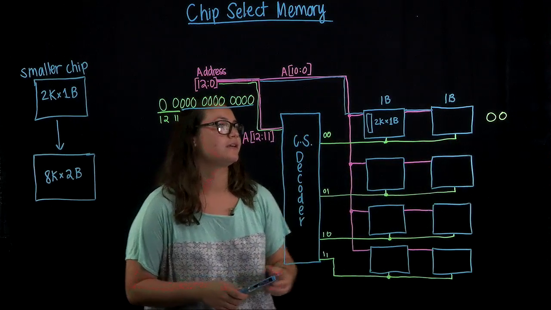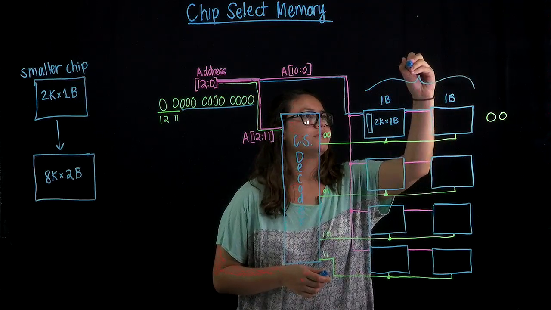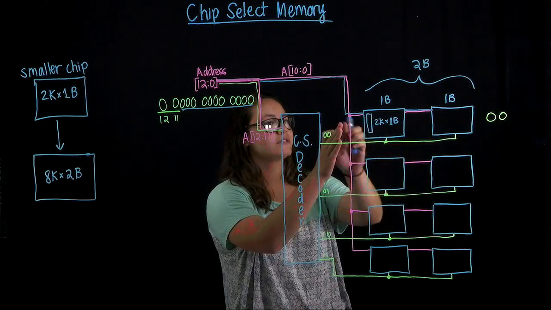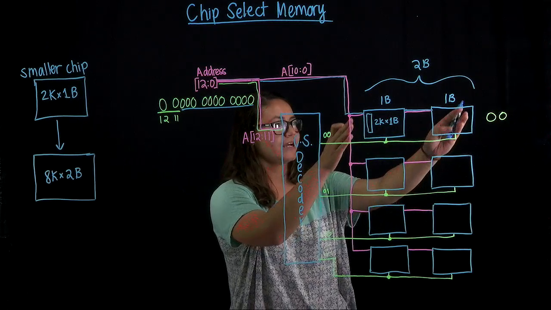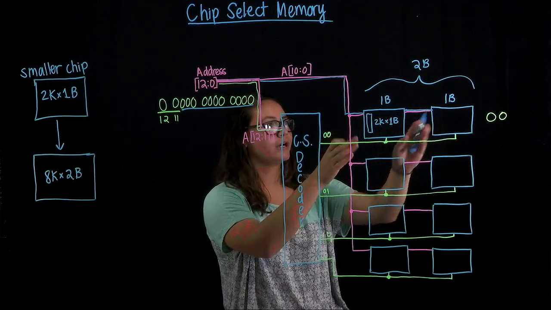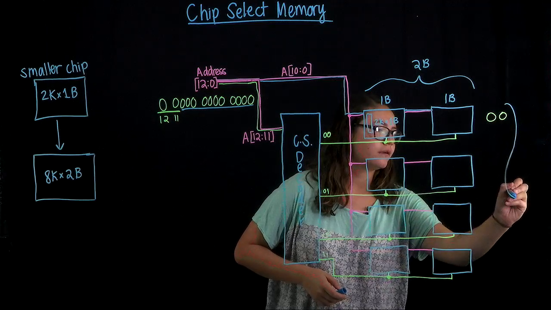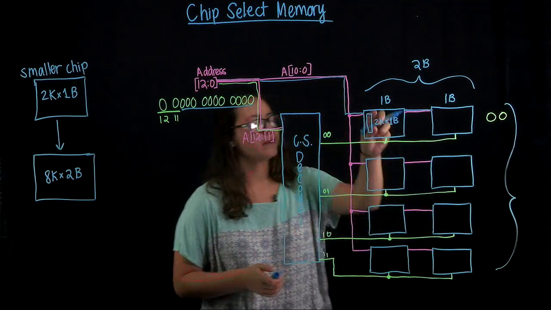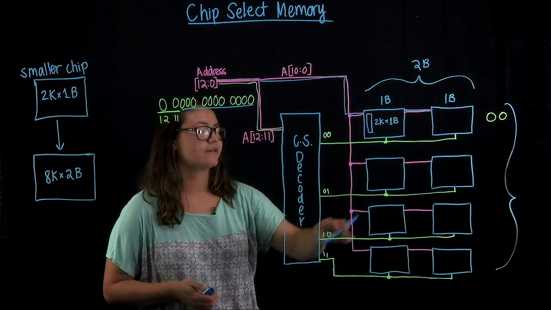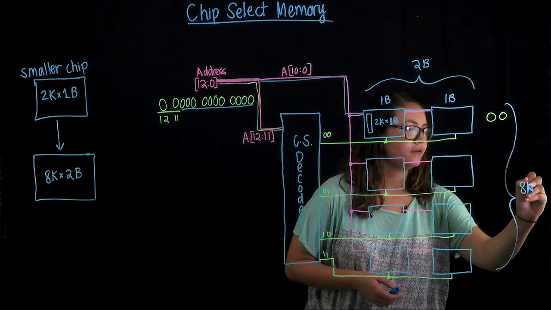So that's what gives us the addressability in total of 2 bytes. Because we're accessing this as 1 location, that makes it 1 word, so we get 2 bytes there. And then here, because we're giving ourselves 4 rows of these 2K chips, we get an address space of 8K.